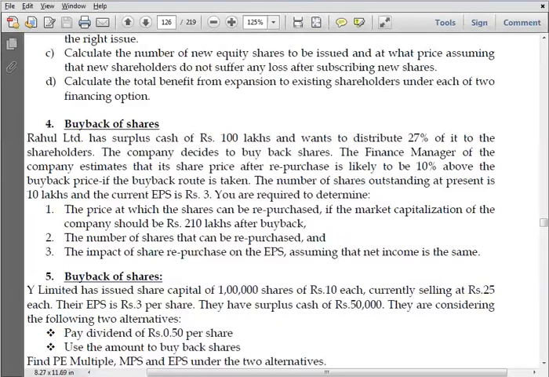Question number 5, no special adjustment.